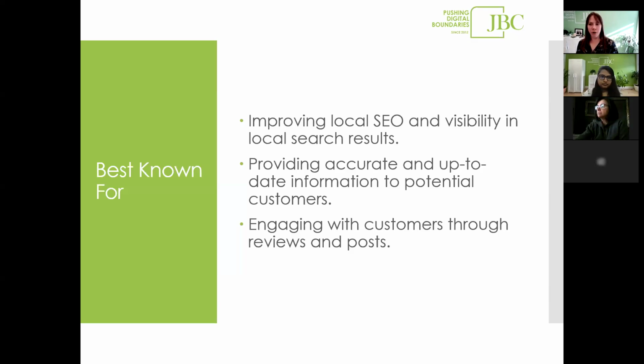The other part is it provides accurate and up-to-date information to those potential customers. This can be a pro and a con, and this is an important piece. Years ago, about 10 years back, it was a local bakery, and she said to me, Jennifer, somewhere on the internet it says that I'm open at 7 a.m. I'm like, what do you mean somewhere on the internet?